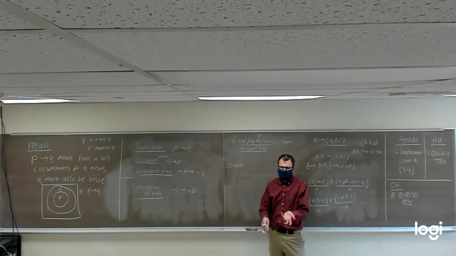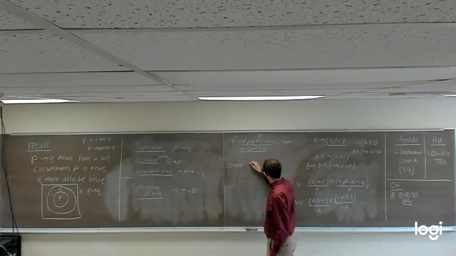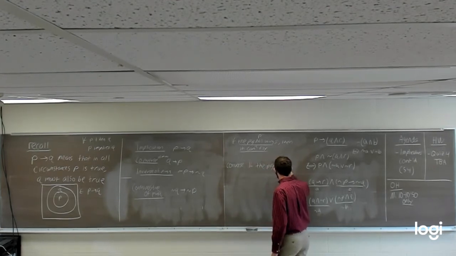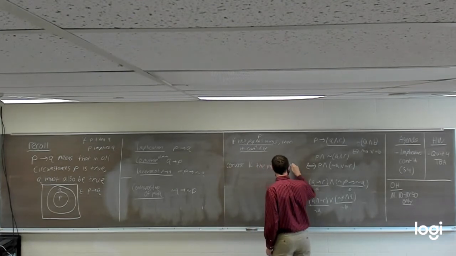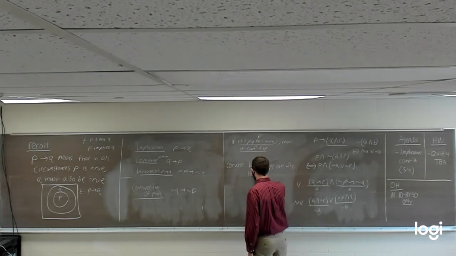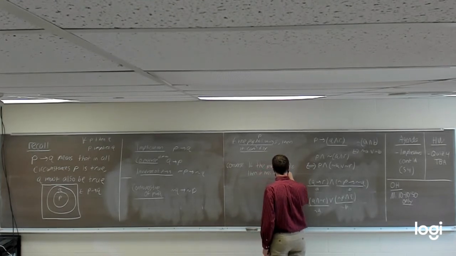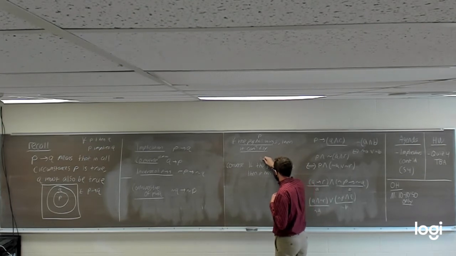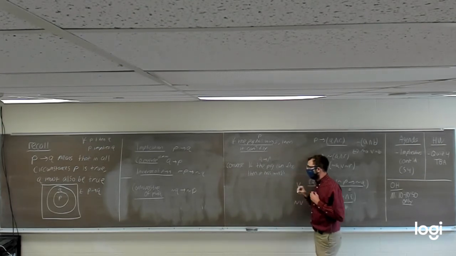Just avoids a little bit of ambiguity early on. But if the pig can fly, then it has wings. I like it. Q implies P.